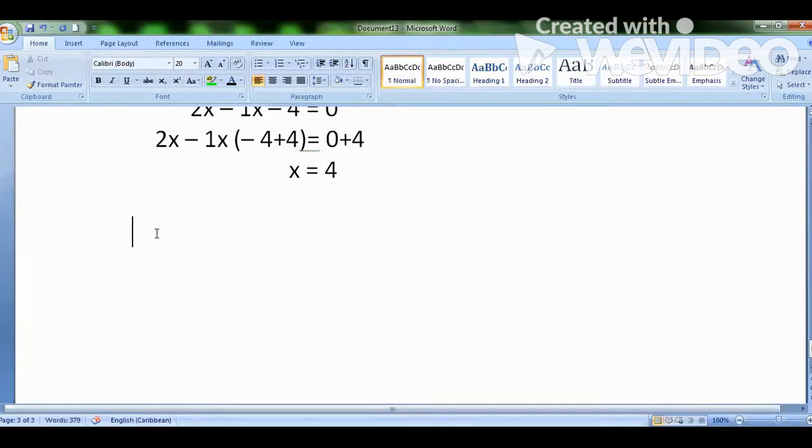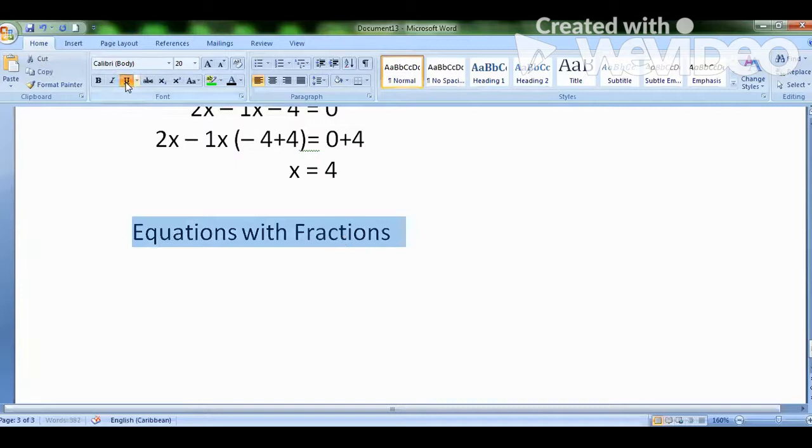We're going to look at equations with fractions. So heading, subtopic, equations with fractions.